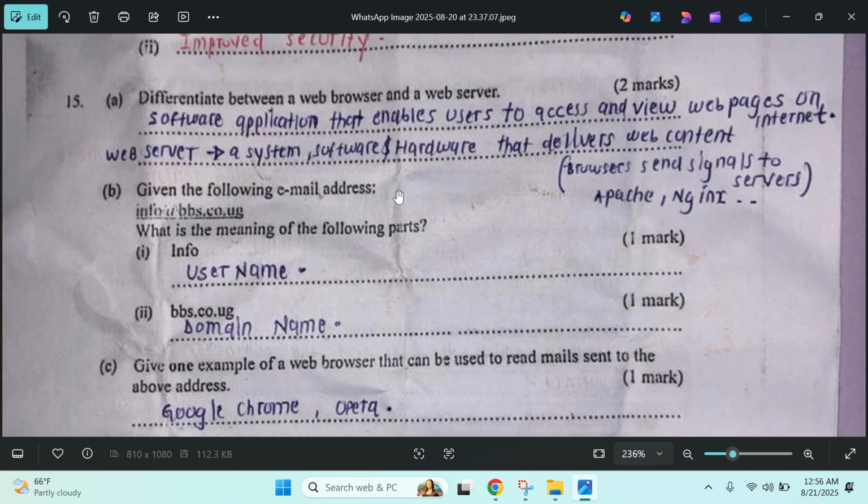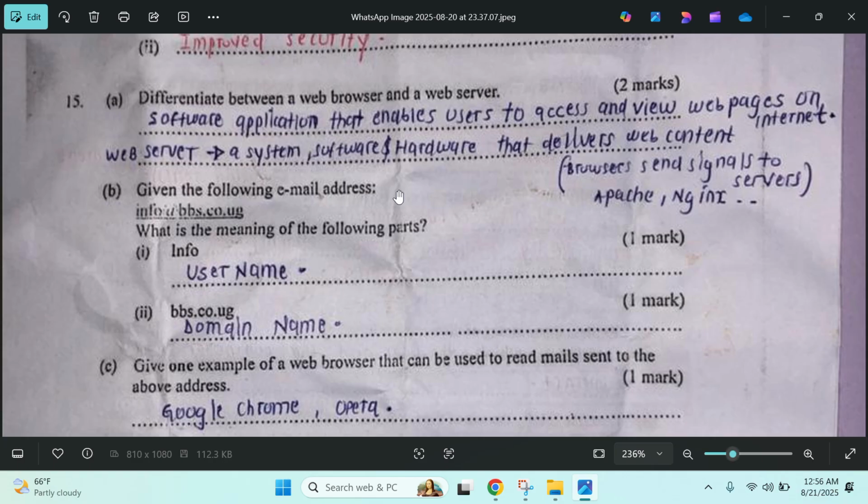15. Differentiate between a web browser and a web server. A web browser is a software application that enables users to access and view web pages on the internet.